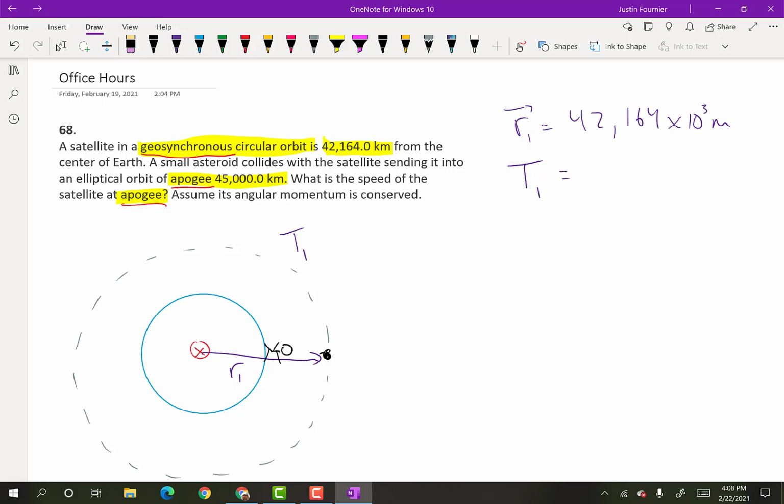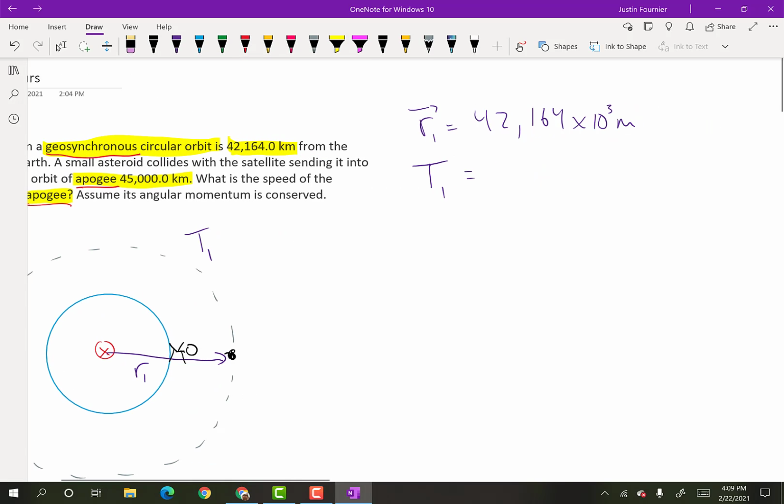Before we get into this, I can find out the period of geosynchronous orbit, and that's one of the reasons they brought it up. The period would be 24 hours, because it takes 24 hours for anything in geosynchronous orbit to orbit around once, since that's the amount of time it takes the Earth to rotate once.